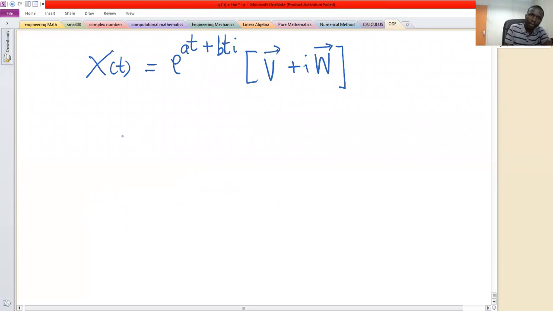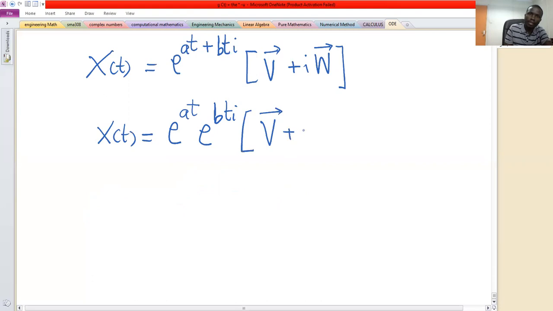And then x of t will be e raised to the power a t times e raised to the power b t i, into (v plus i w). I'm just using the laws of indices that a raised to the power m plus n is a to the power m times a to the power n.